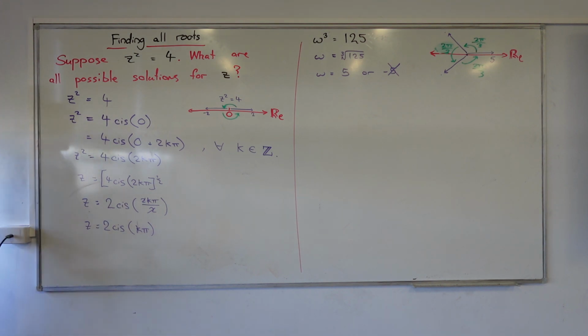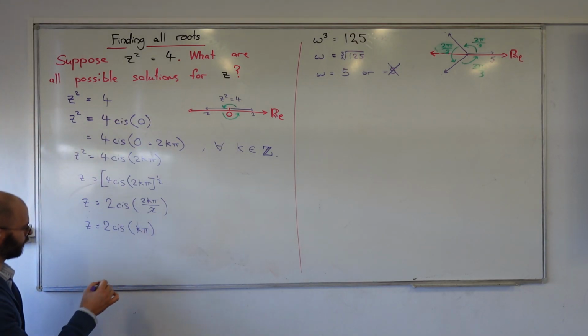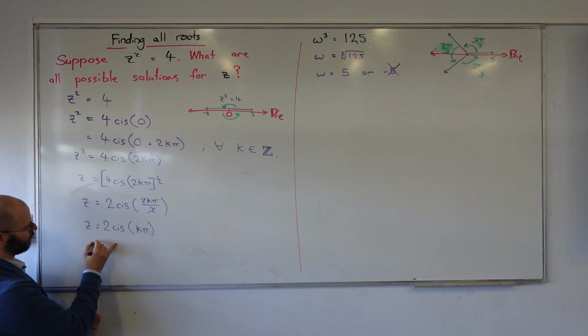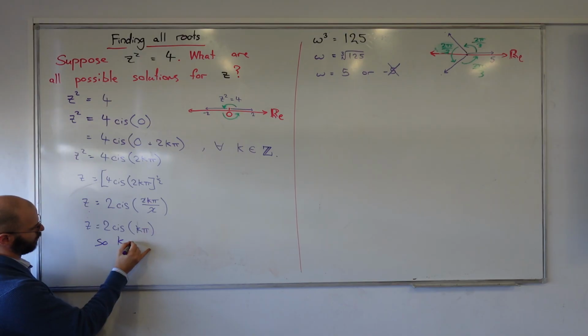Next question is, how many solutions are we expecting? 2, because it's a square root. Oh, sorry, it's a square. So we're expecting 2. How many values of k are we going to sub in? 2. So k is going to be 0 and 1.